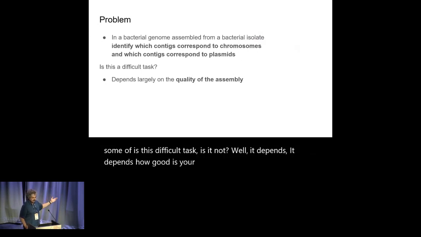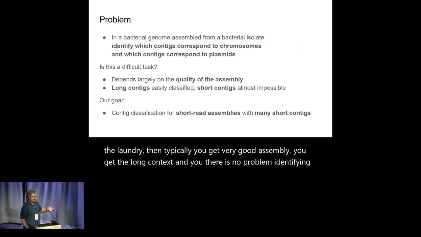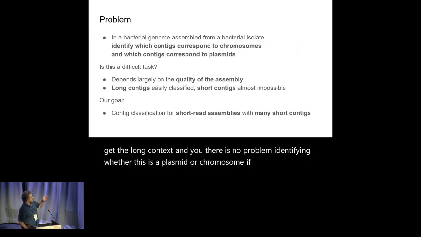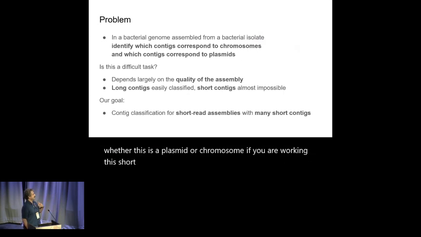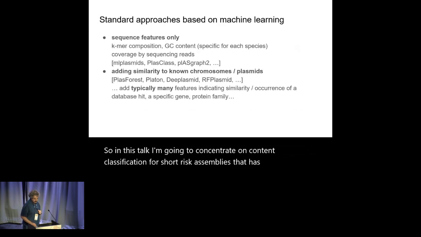If you are working with long reads, then typically you get very good assembly, you get long contigs, and there is no problem identifying whether this is a plasmid or chromosome. If you are working with short read assemblies, you get short contigs, and that's where the difficulty lies. So in this talk, I'm going to concentrate on contig classification for short read assemblies that have many short contigs.